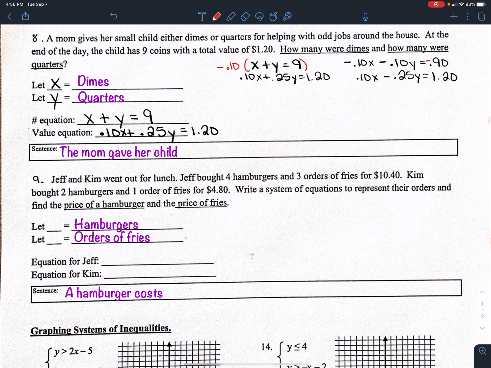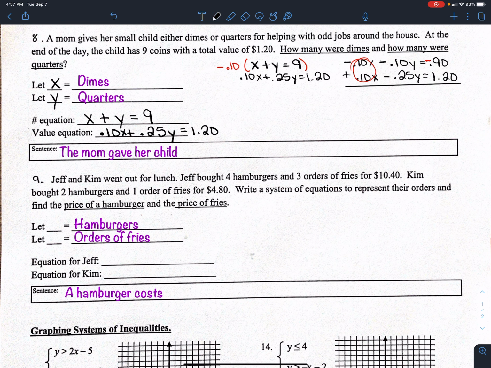This first one should be a negative 0.90 because we were multiplying a positive times a negative. All right, now we can go ahead and add those two together. The negative 0.10x and the positive 0.10x eliminate.